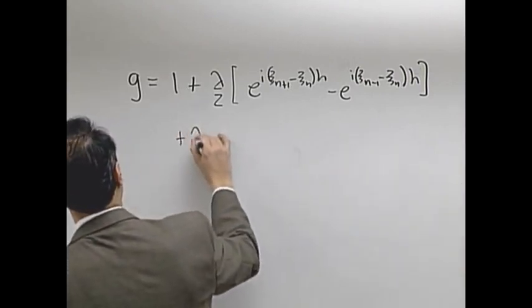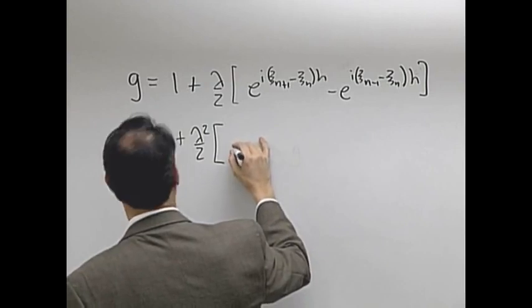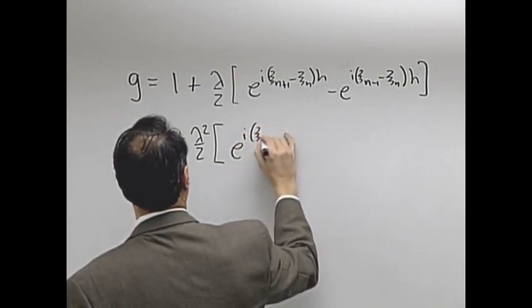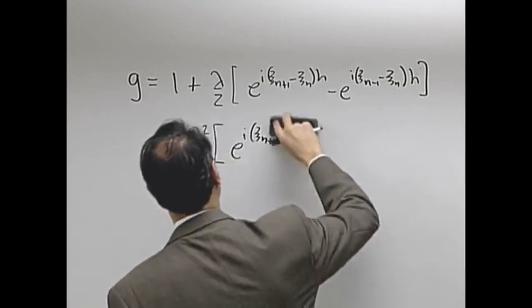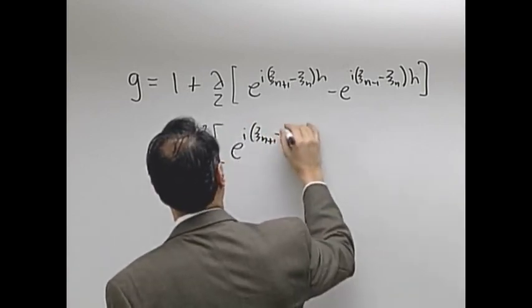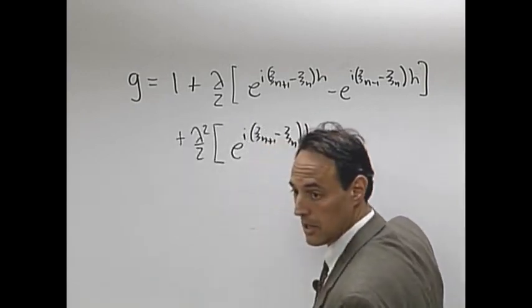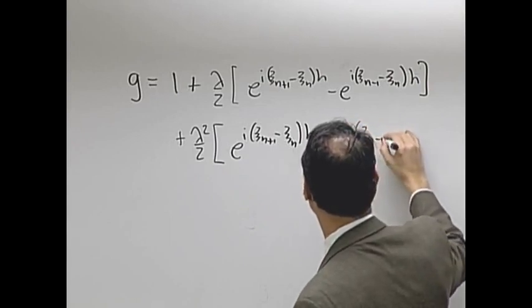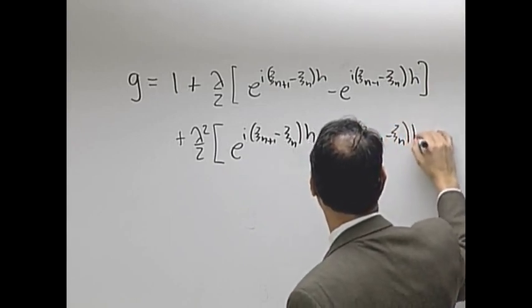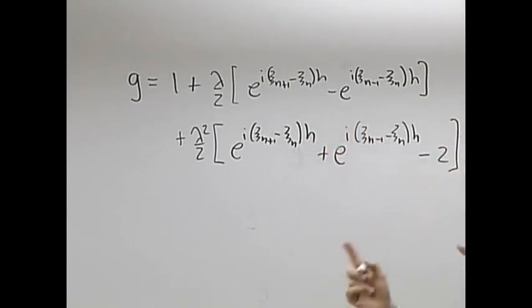Plus lambda squared over 2. And then you have here e to the I, c of n plus 1 minus c of n, h. And I'm going to rearrange terms slightly here. You're going to get a plus e to the I, c of n minus 1 minus c of n, h, minus 2. The minus 2 comes because you have a g of m and you have e to the I, they all cancel out.